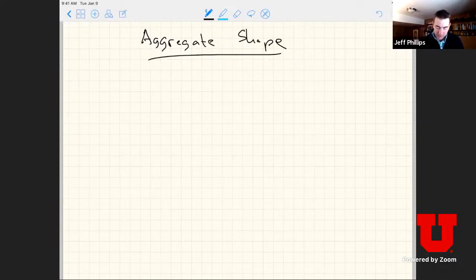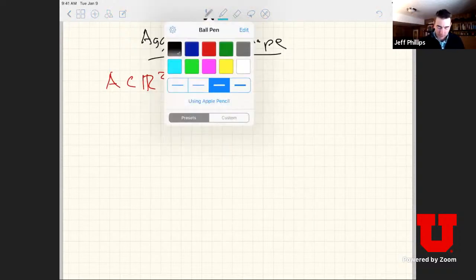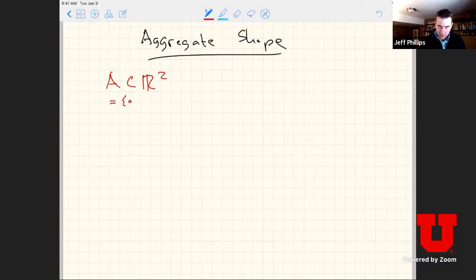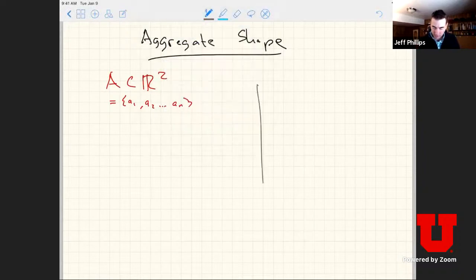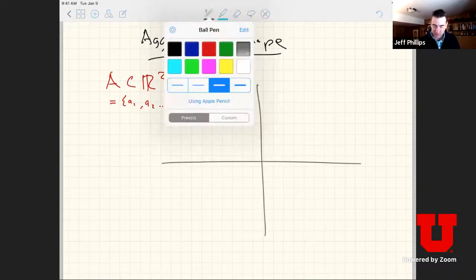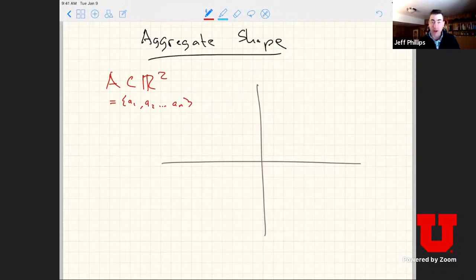So let's think of an example where A is a subset of R2. Think of it as a bunch of data points, A1, A2, up to AN. We're going to have this coordinate space, and let's assume that they're centered around the origin, and that'll make more sense for now.